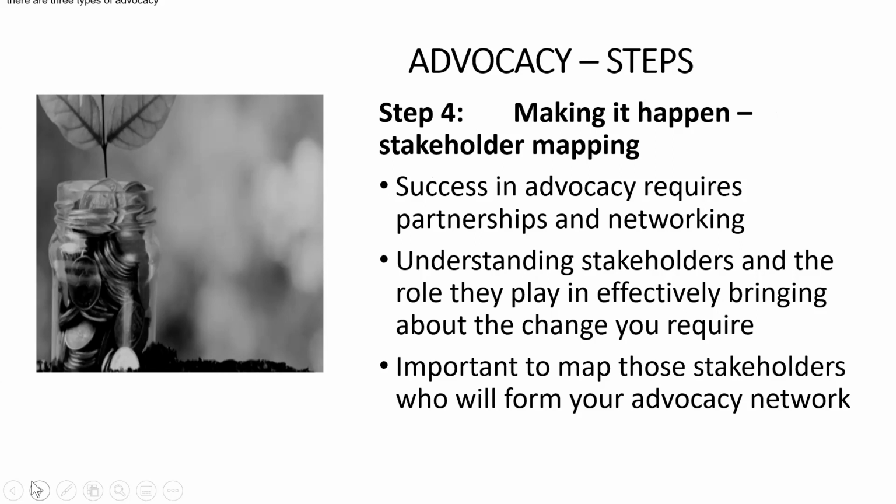One other thing that is going to be very, very important in developing that advocacy strategy is your stakeholder mapping. This is where you now begin to understand your stakeholders, what role they play, and how effective they will be, or rather, how you can pull them in so that you can effectively effect the change that you are looking for.